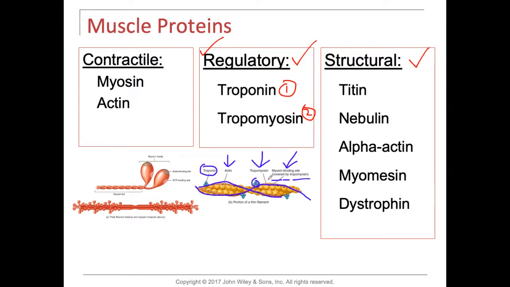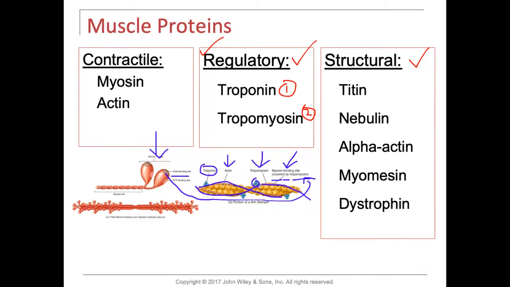If the binding sites on actin are exposed, guess what these myosin heads that have actin binding sites do? Well, the binding site is going to find the binding site on actin. They're going to make contact, and they're involved with the contraction.